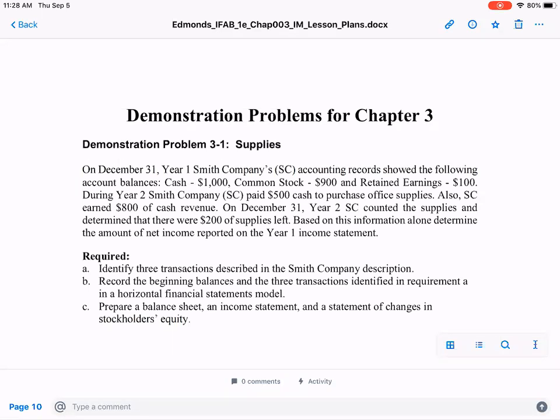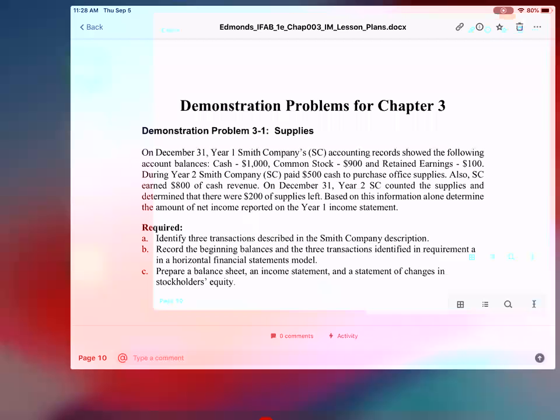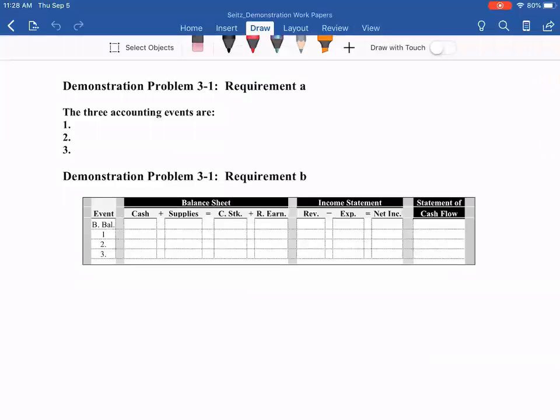All right, so assuming that you have that information handy, I won't be switching back and forth to the different screens here. I'm going to pop over here to my work paper and begin to start writing on the problem. So the first thing that I need to do is identify 3 transactions that were described in the description above.